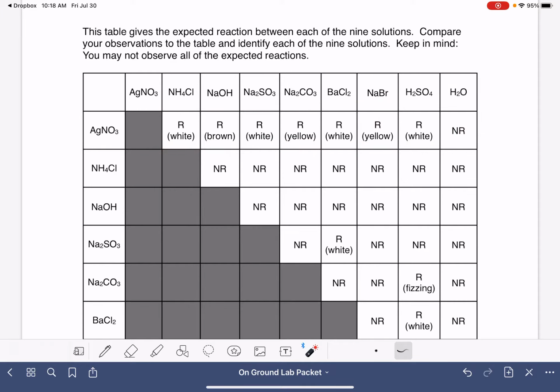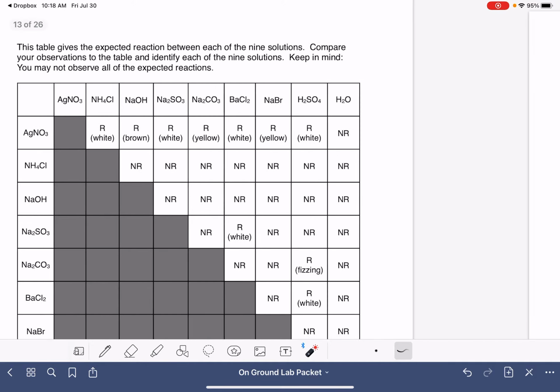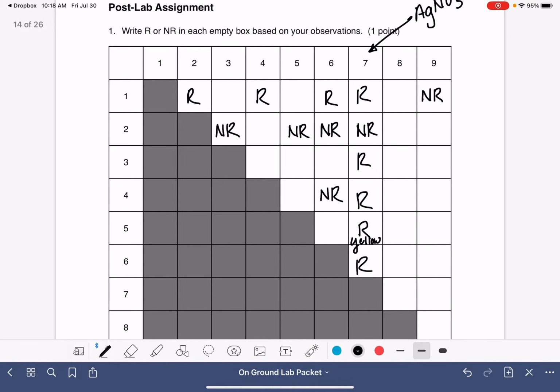For example, notice that AgNO3 makes a brown solution when it's mixed with NaOH, and nothing else turns brown. Everything else is yellow or white. So once you know what AgNO3 is, when you find the corresponding solution that caused it to turn brown, now you know where NaOH is. Let's say that this was my brown solution.